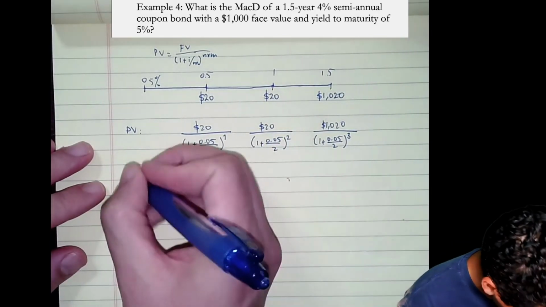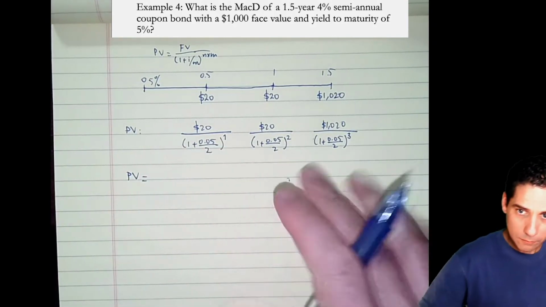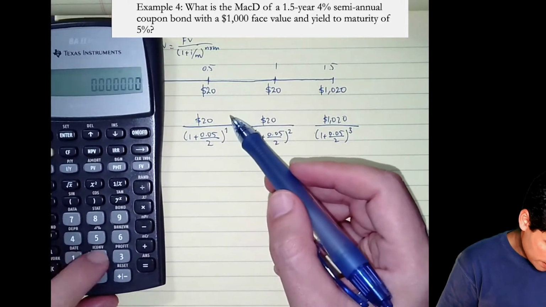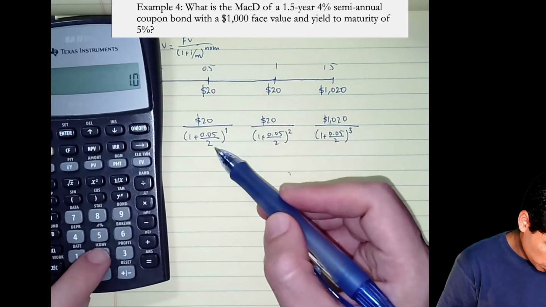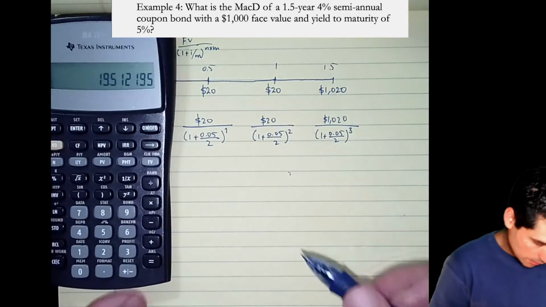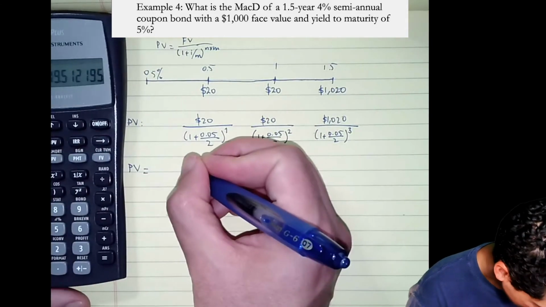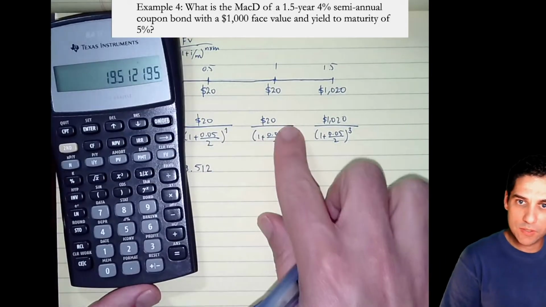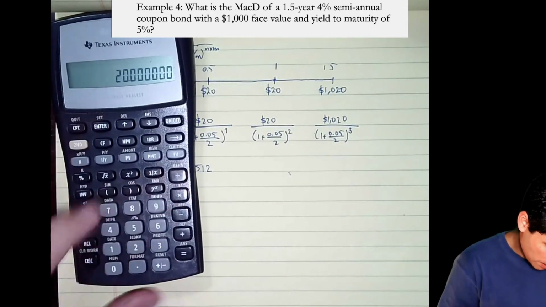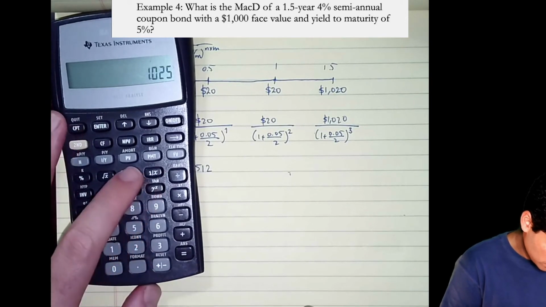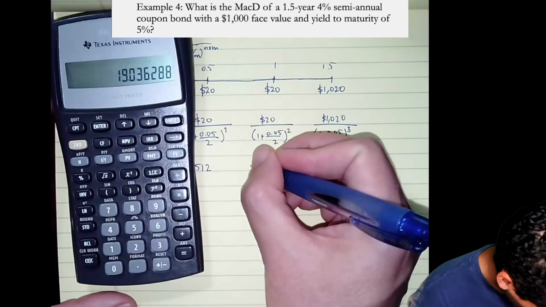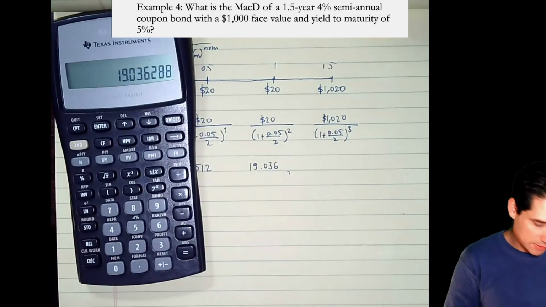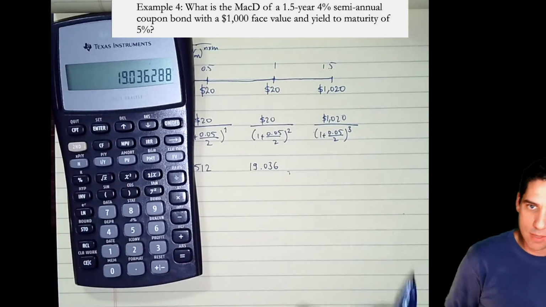And now let's compute the present values. Let's bring up our calculator. 20 divided by 1.025 raised to 1. Store 1. The present value is 19.512. The second one is 20 divided by 1.025 squared, 19.036. Store 2. You can leave more decimal places; it doesn't matter for me because I'm storing everything in the calculator.